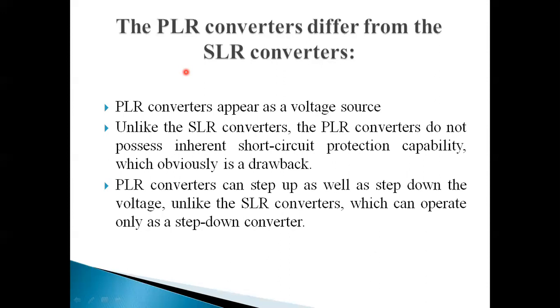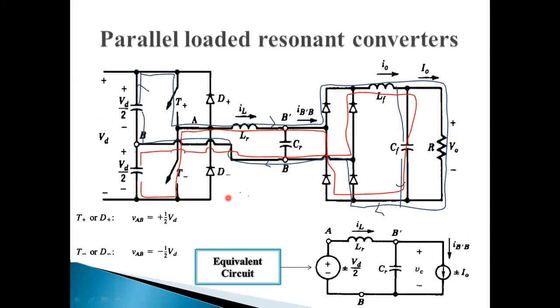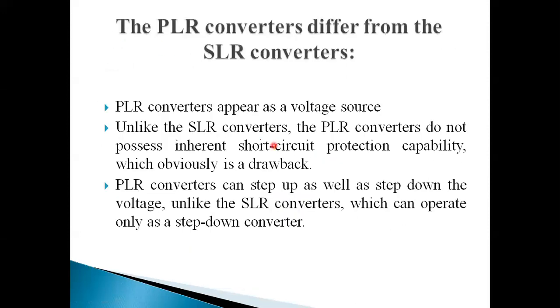If we differentiate them by some points, the first point is that the parallel loaded resonant converter appears as a voltage source, because in the discharging time this capacitor works as a source. Unlike the series loaded resonant converter, parallel loaded resonant converters do not possess inherent short circuit protection capability.